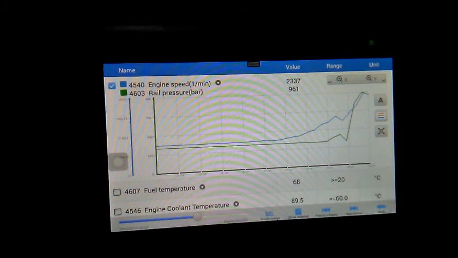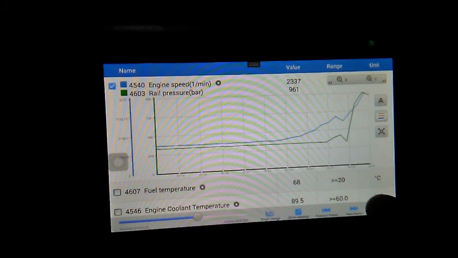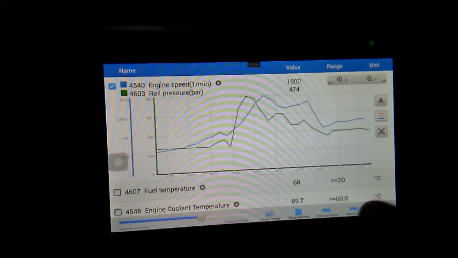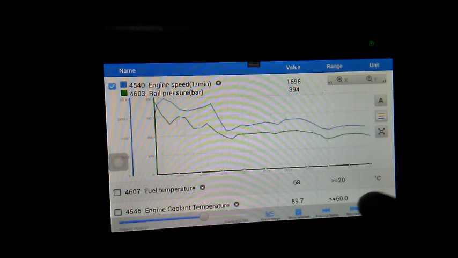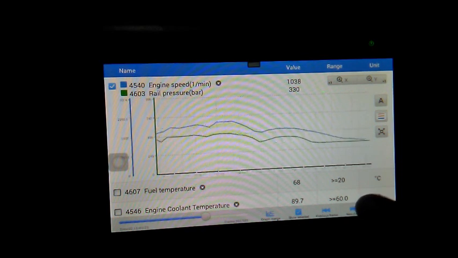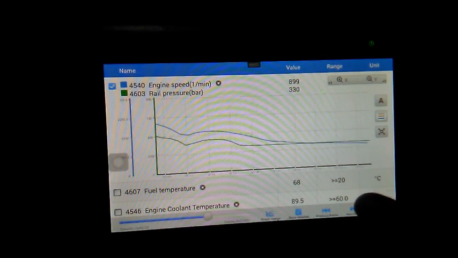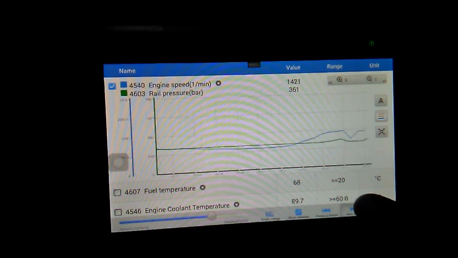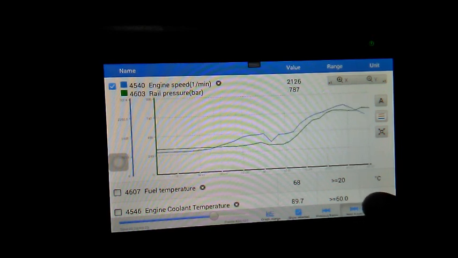When I rev the engine beyond a certain RPM, beyond 1200, that's when the rail pressure flinched, and they seem to follow each other like they should. At this point, I'm convinced that the rail pressure signal I'm seeing is not from the rail pressure sensor. It is coming from somewhere else.